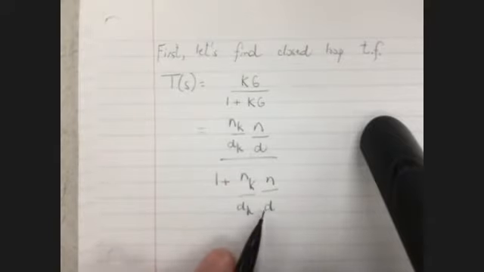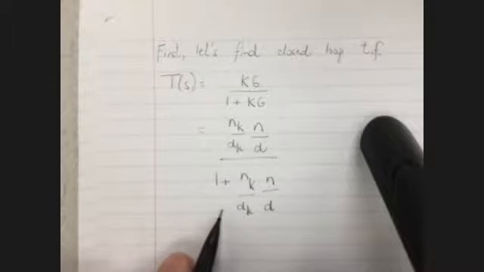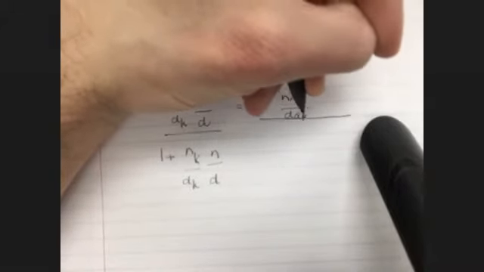Now I'm going to do the classic thing of writing the 1 as D DK over D DK, and so I end up with this thing. On the top, I'm just going to rearrange the terms a little bit in terms of how they're usually written. So the N NK, I'll write as N NK over D DK.